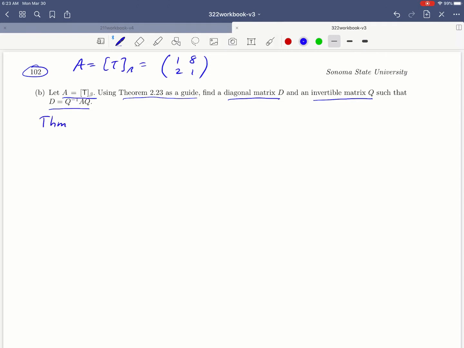So first, let's remind ourselves of what theorem 2.23 was about. It was a way of relating two matrices for the same linear transformation, matrices relative to different bases.